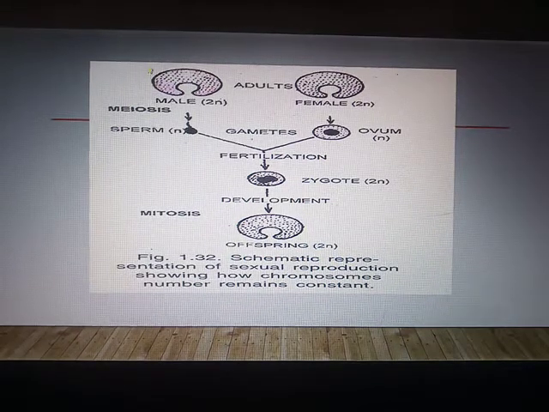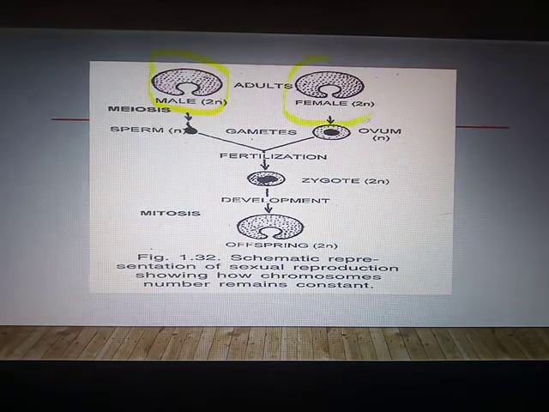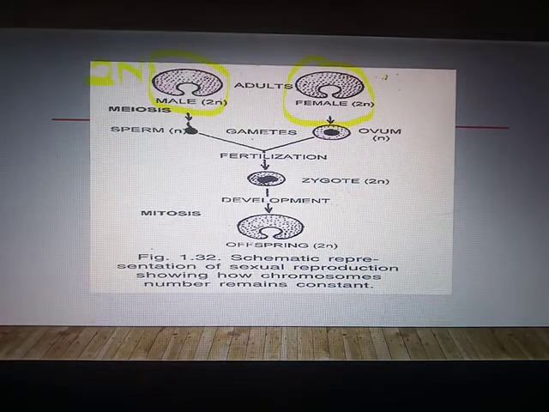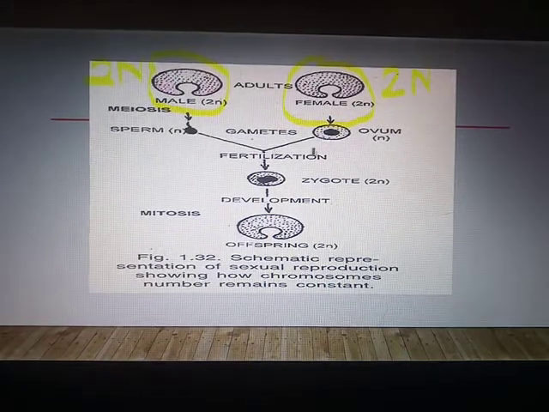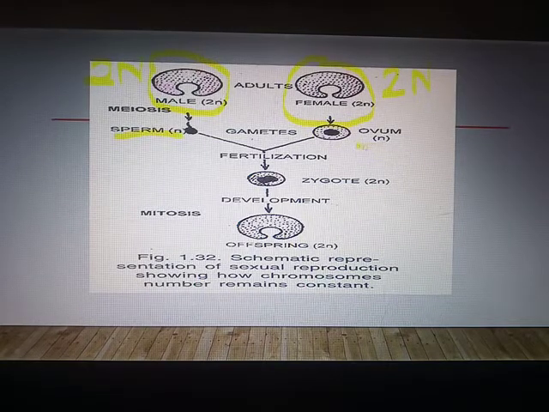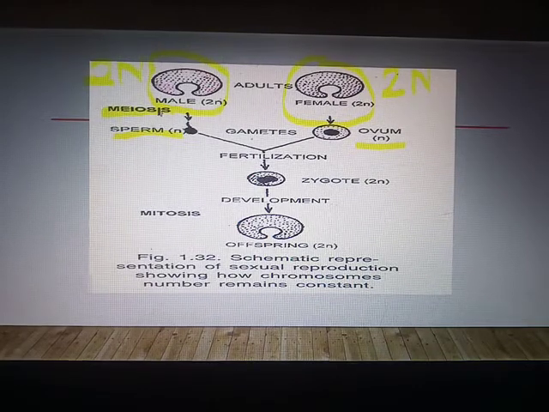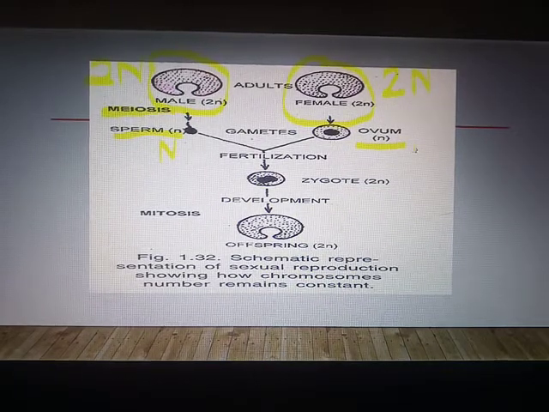Students, when male and female gametes are formed, this is male and this is female. Male possess 2n because it is diploid, and female also possesses 2n because it is also diploid. But when gametes are formed, there is the process of meiosis. Meiosis is reductional division, that is, number of chromosomes remains half, means single N. Clear?